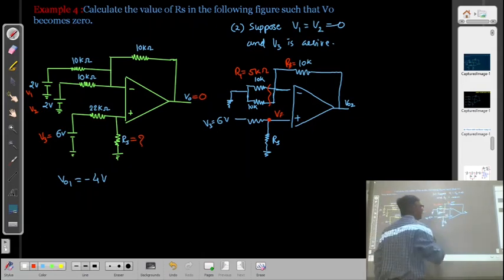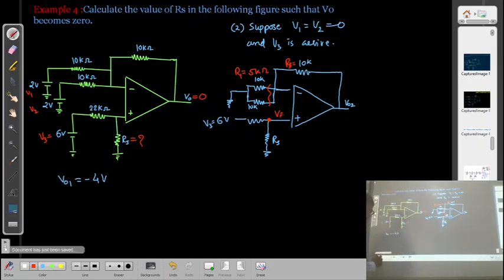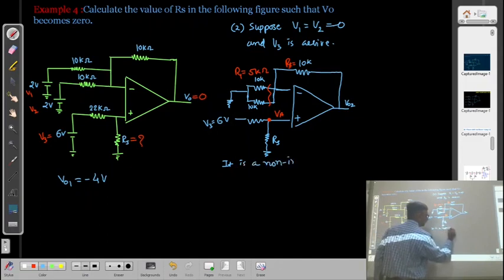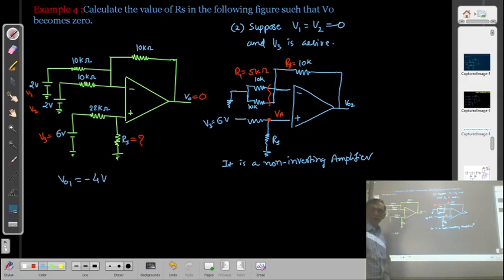When we consider V1, V2 as 0, and V3 is active, so we can say it is a non-inverting amplifier. Correct?